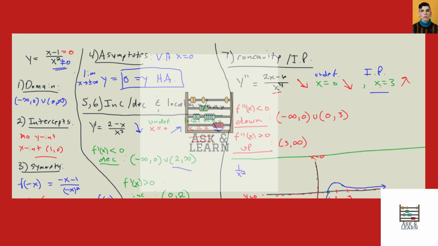And remember, this has the same behavior on either side of it. So that means we should start on the same side like this, and we're going to just keep on coming up. It doesn't have any kind of inflection, min or max on this side. So the only thing we need to now do is get as close to our horizontal asymptote as we can as we go out to infinity.